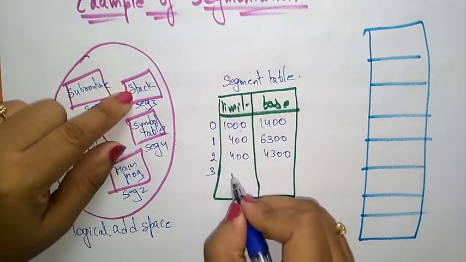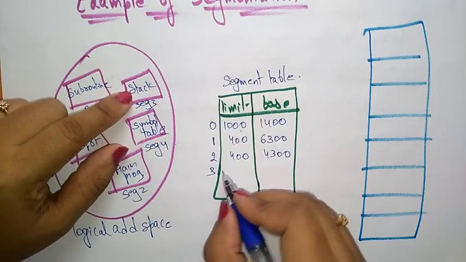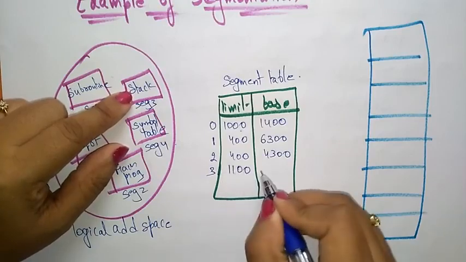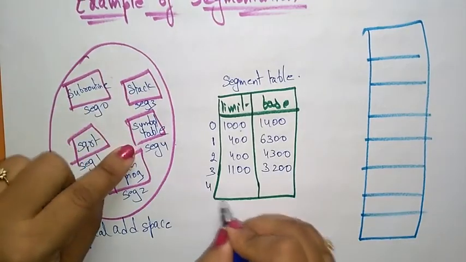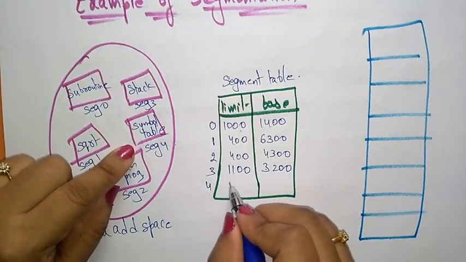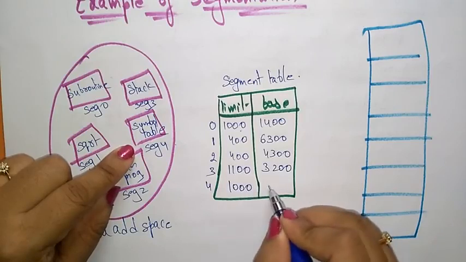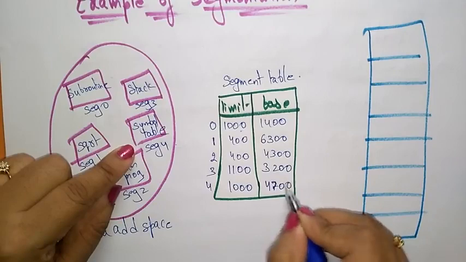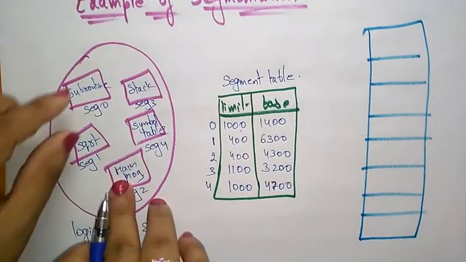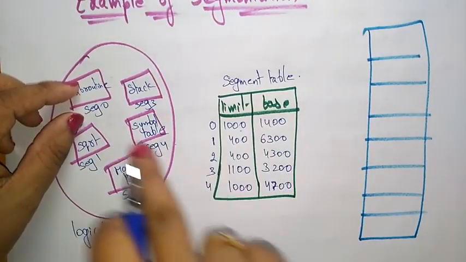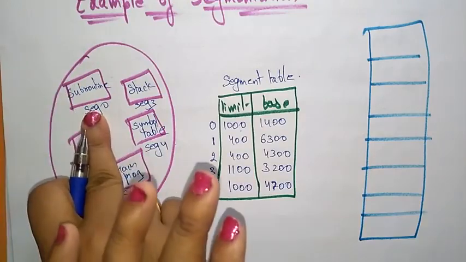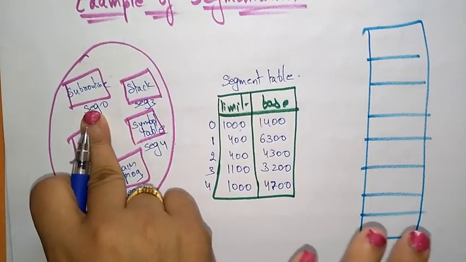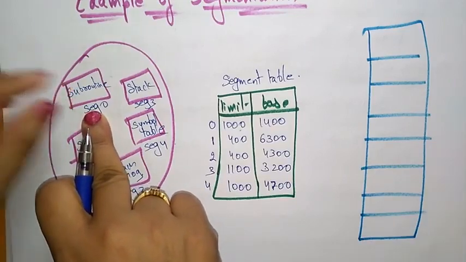For segment 3, the stack, the length is 1100 and the physical base address is 3200. For segment 4, the symbol table, the limit is 1000 and the base address is 4700. So each segment has a starting address where it has to be stored in physical memory, and the size of that segment.